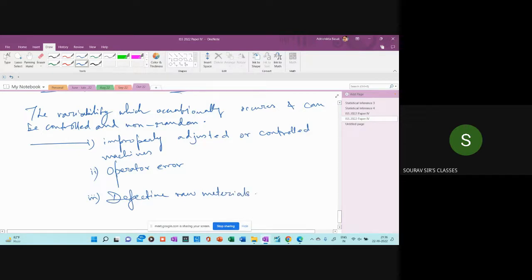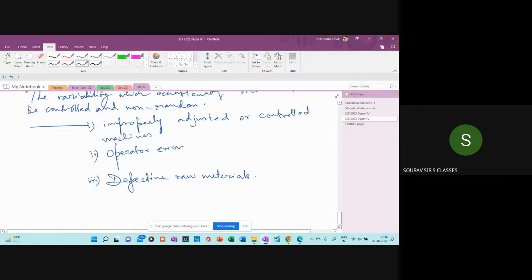So these are the things which are not beyond the operator's control. They can be controlled by the manufacturer. These are kinds of variability which are non-random and which we are able to control.